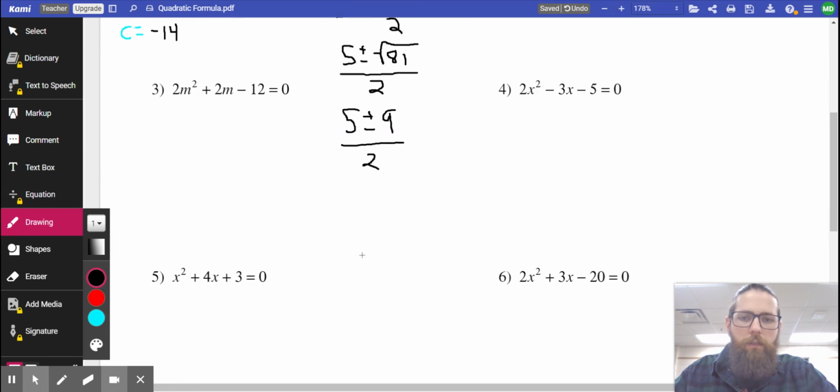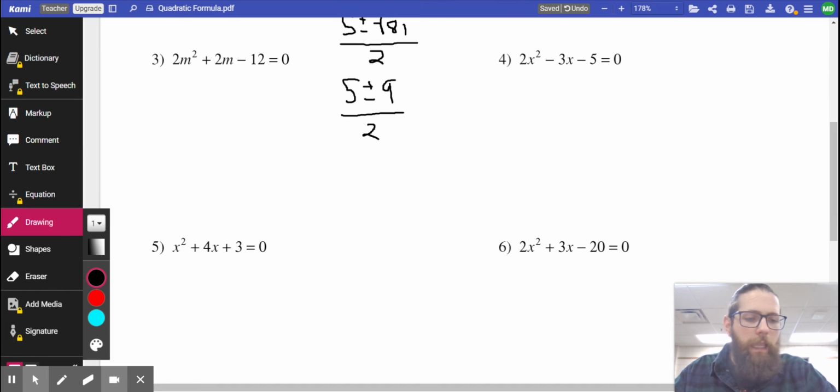Okay, so it looks like we have to do 5 plus 9, take that answer and divide it by 2. And then we have to do 5 minus 9, take that answer and divide it by 2.